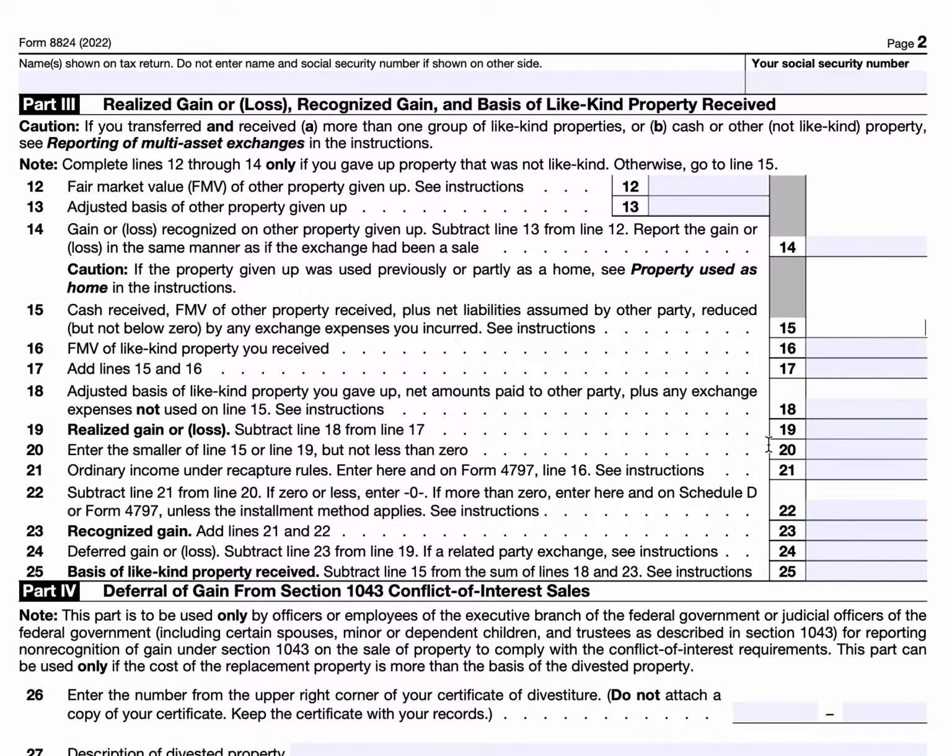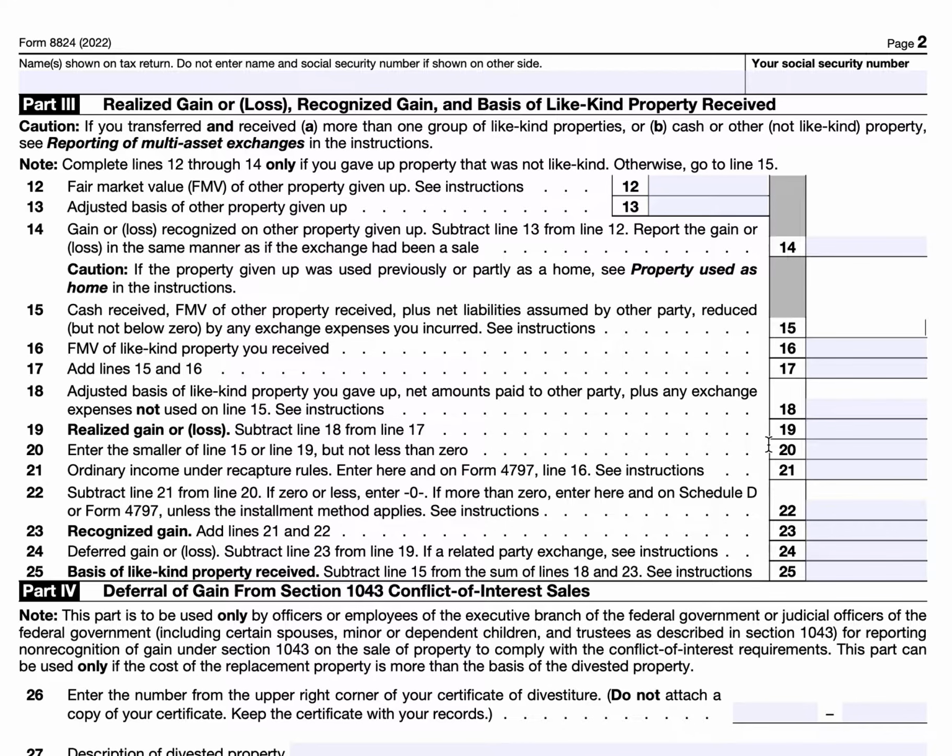So in line 15, you're going to enter the amount of cash that you received, the fair market value of other property that you received, plus any other net liabilities that the other party assumed, like if they took over mortgages, things of that nature. And this is reduced by any exchange expenses that you might have incurred, such as transaction costs or closing costs.